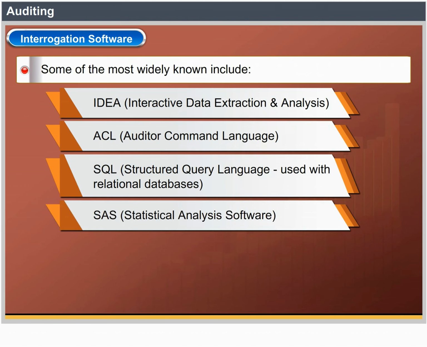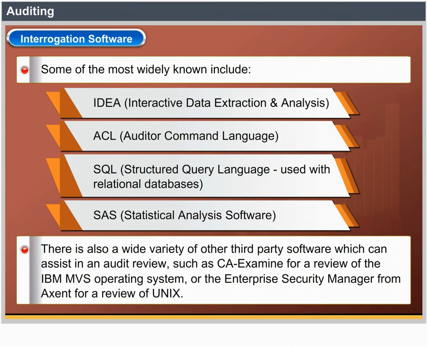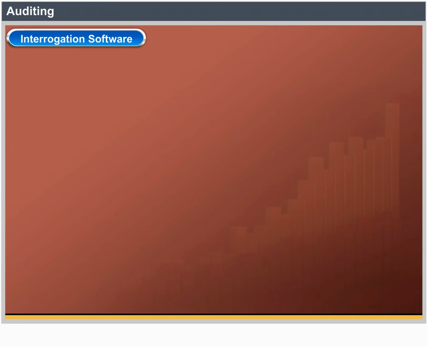There is also a wide variety of other third-party software which can assist in an audit review, such as CA Examine for a review of the IBM MVS operating system or the Enterprise Security Manager from Accent for a review of Unix.